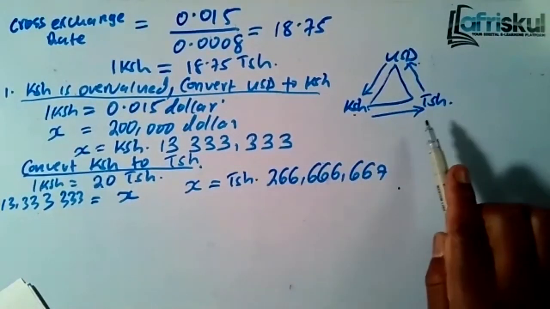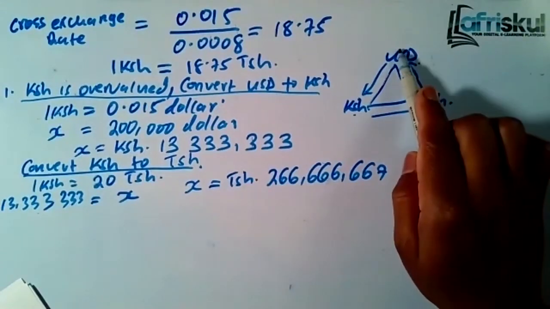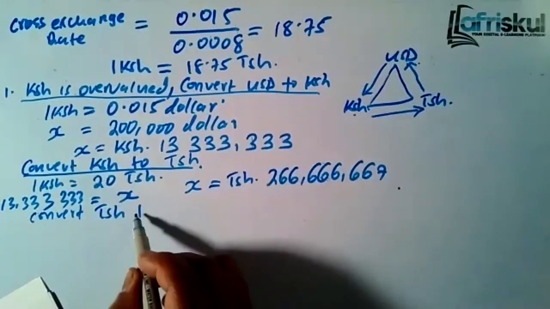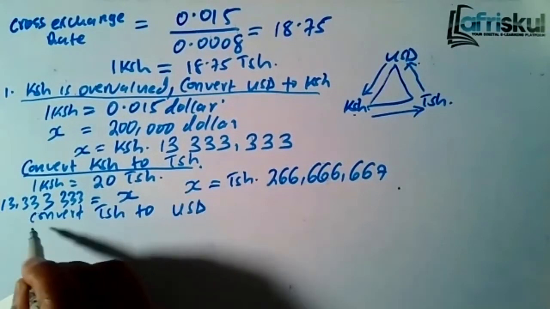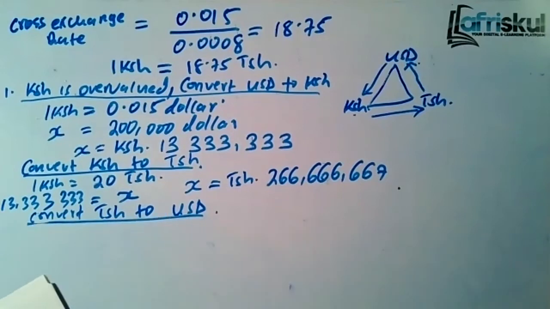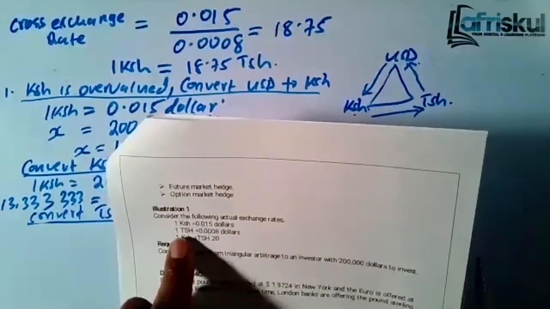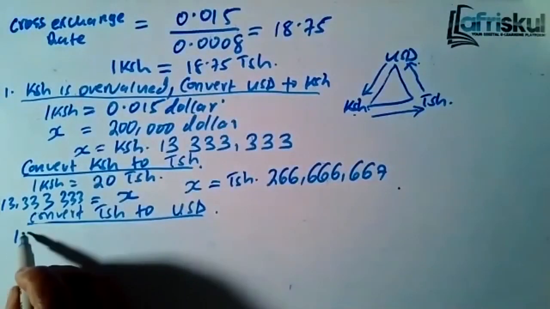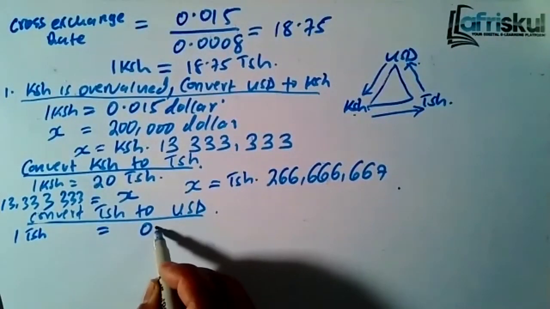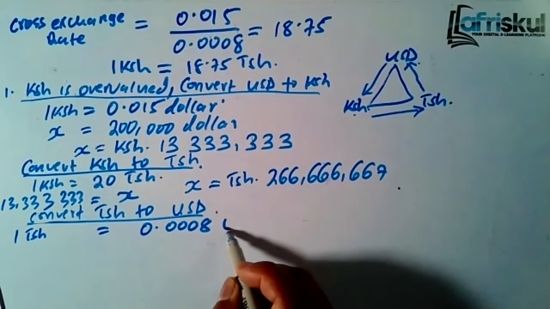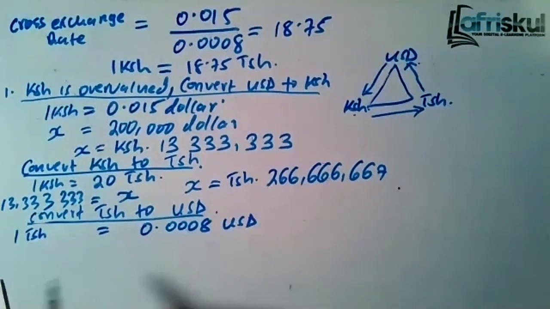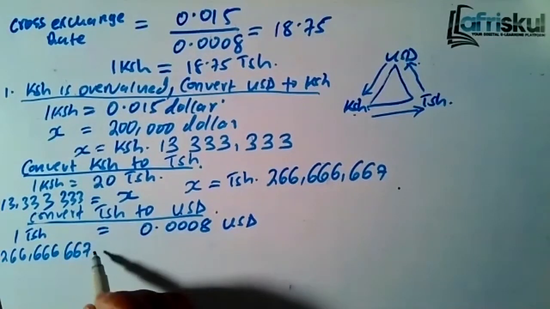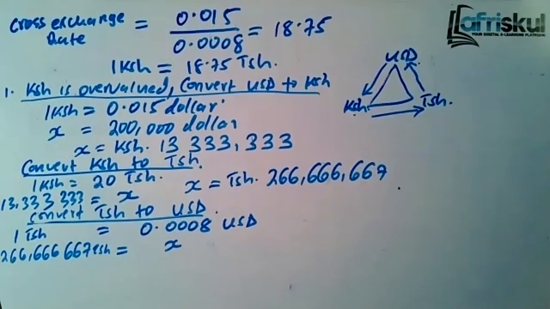Now you have the Tanzanian shillings, and you convert them back to US dollars. We are told that 1 Tanzanian shilling is equal to $0.0008. So 266,666,667 Tanzanian shillings will be equal to how many US dollars?